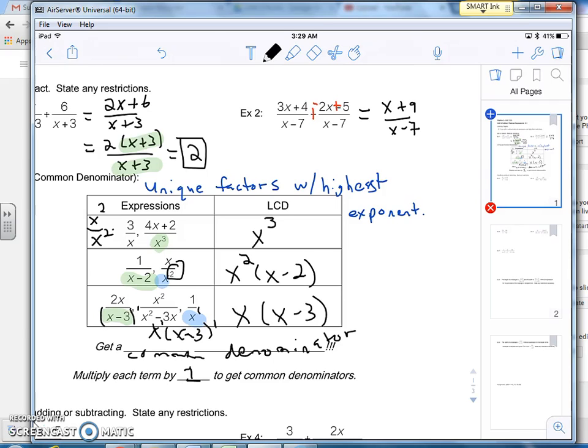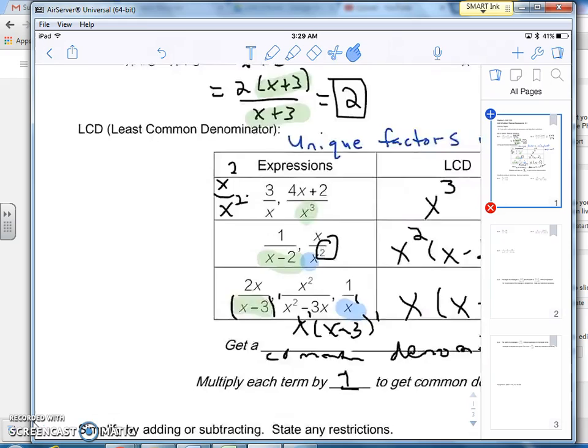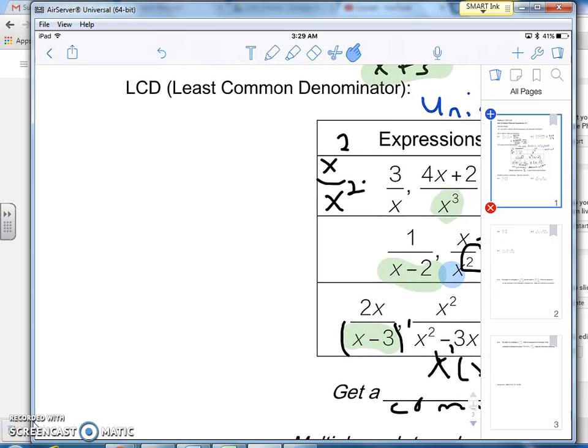Multiply each term by 1 to get the common denominator. So what will this look like? If you wanted to make a list of it, I'll do my best over here. Write it down for you. So your first step is to find the LCD.